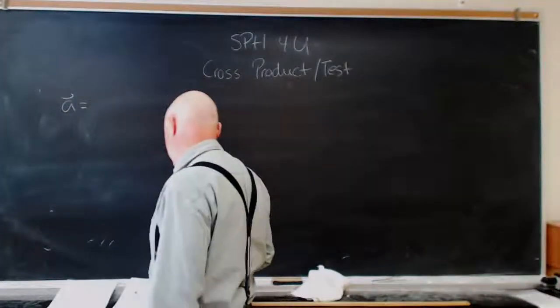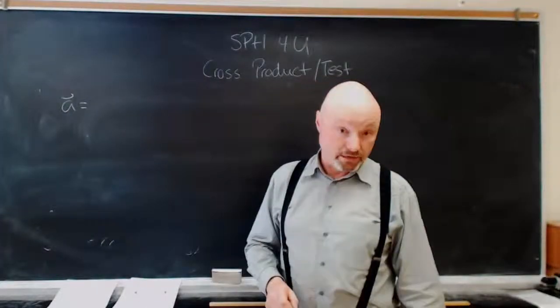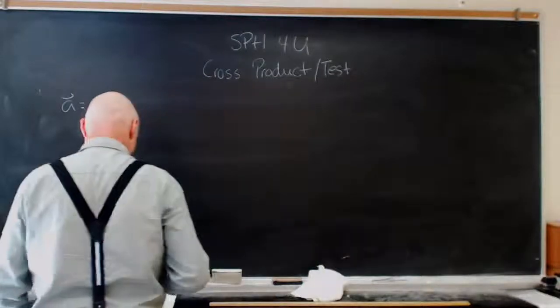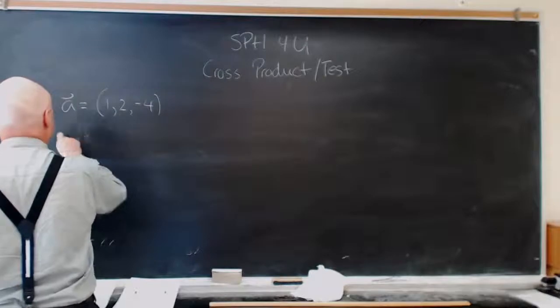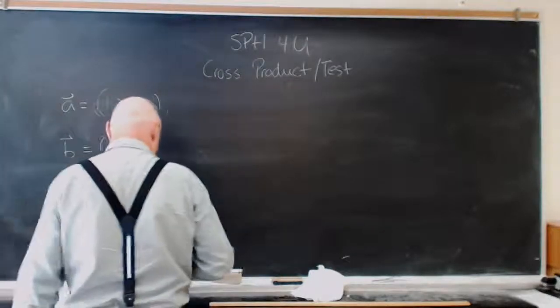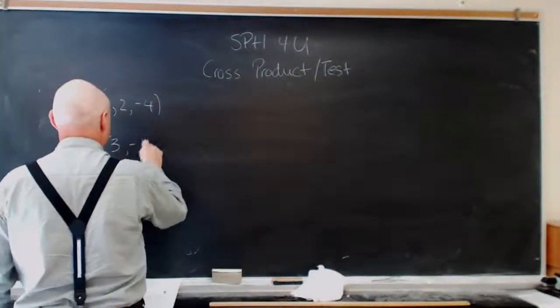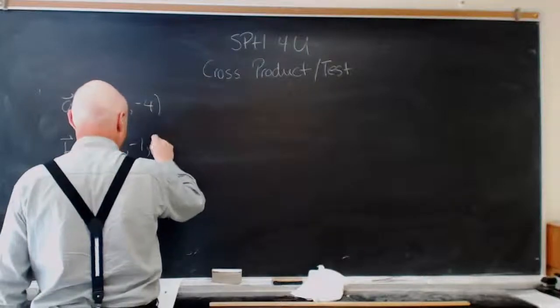Let's find a vector that is perpendicular to 1, 2, and negative 4, and 3, negative 1, and 5.